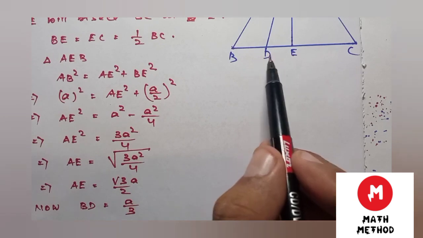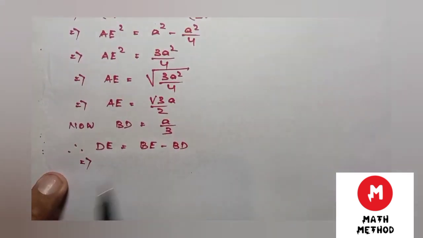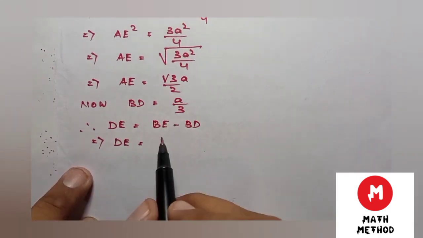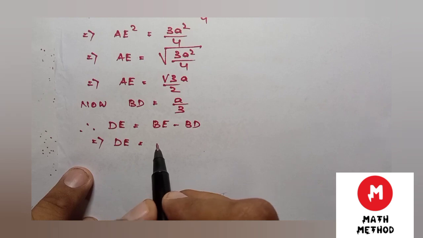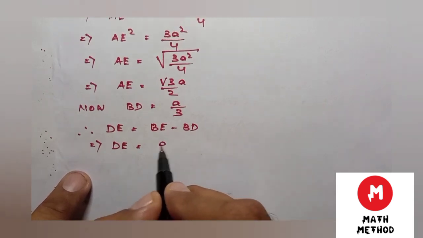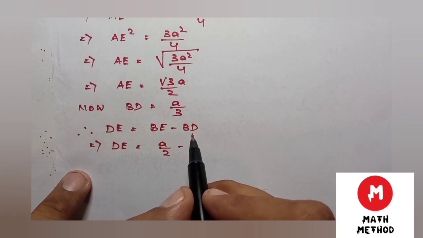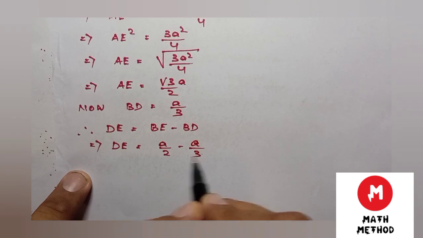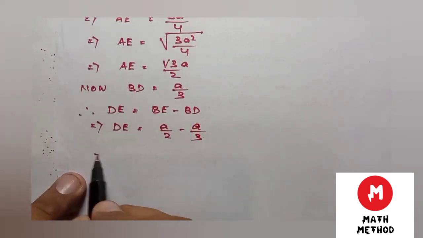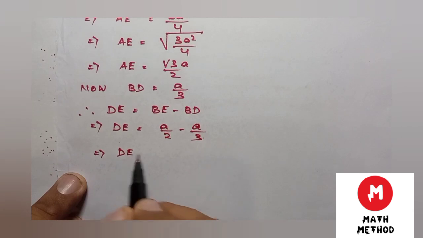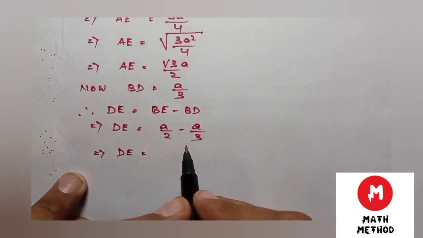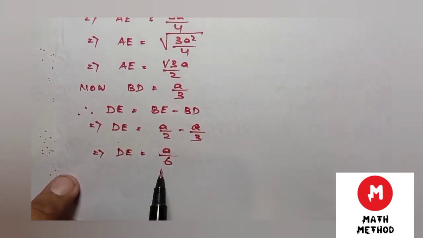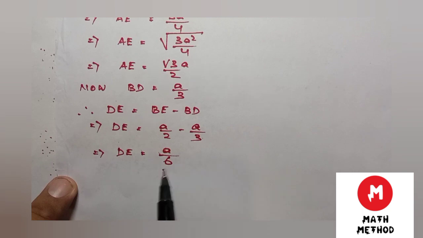So DE equals BE, which is half of BC, so it will become a by 2, minus BD, which equals a by 3. This implies DE equals a by 2 minus a by 3, which will become a by 6. So DE equals our a by 6.